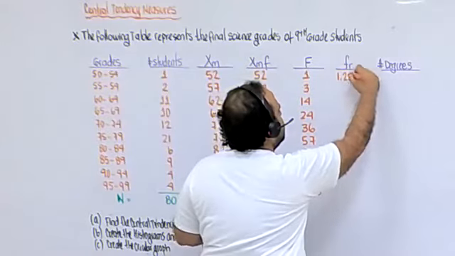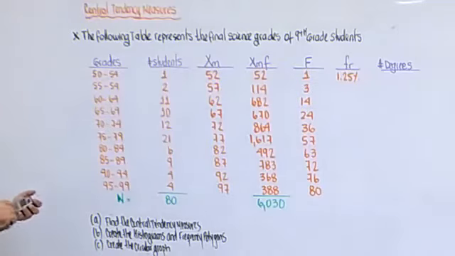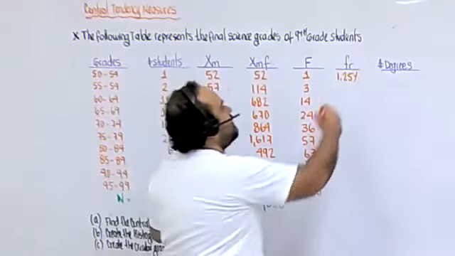Okay, this is going to be the first answer. The second one, 2 divided by 80, and the result multiplied by 100 will be 2.50, or 2.5.